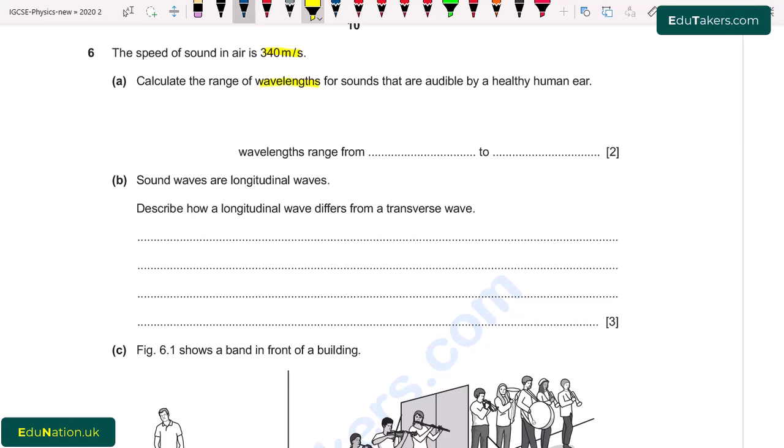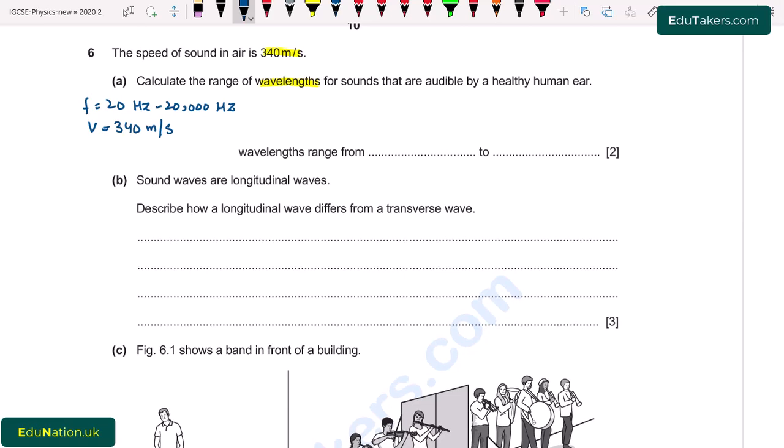We know that the frequency for the human ear ranges from 20 Hz to 20 kHz, which is 20,000 Hz. So here the speed of sound is also given. V is equal to 340 meter per second, and we have to calculate the range of wavelengths.